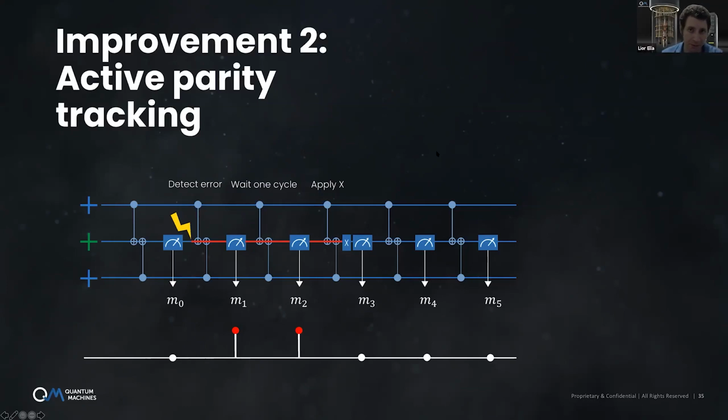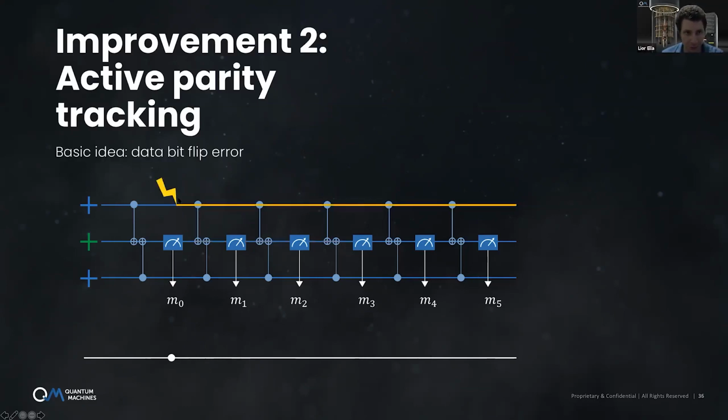But there is another reason for this, which is that if we now have a data bit flip error, what's going to happen is in the first case, we're going to detect the error. Then we're going to let the T1 bring the measurement on the ancilla qubit back down to the ground state. And then we're going to start applying X gates all the time. So what we did is now we only have a single blip for this error.